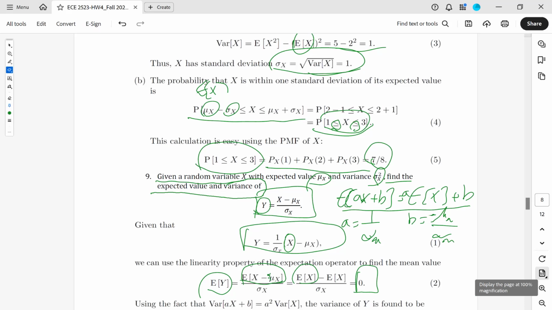Why is that? Now, without even doing that calculation, let's look at the value. This is how you have to follow the process, but I want to give you one comment. When you see the function that describes y based on x, you should instantly say, okay, the expected value is 0. Why? Because the numerator of that function is x minus mu x, which is basically the distance of all the data from the mean.